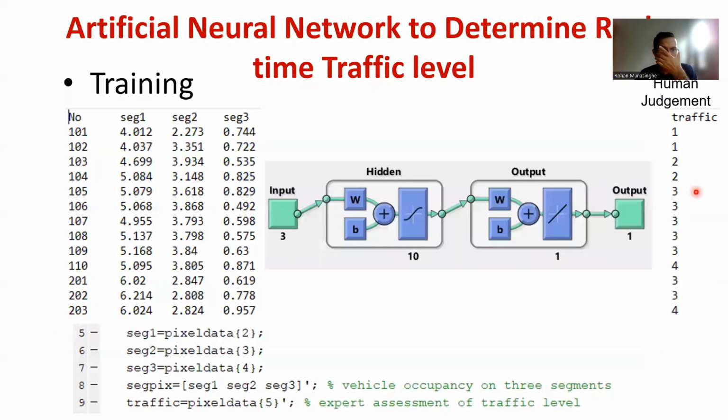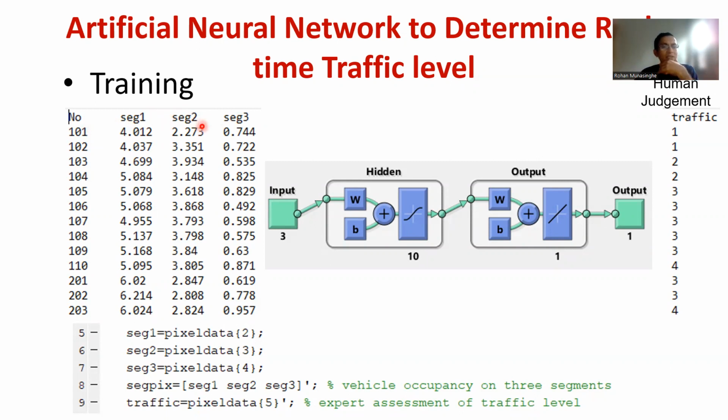So then we brought this annotated data set into MATLAB. And these are the photographs, photograph 101 and it goes on like that. And this is the near field, mid field, and far field pixel count.